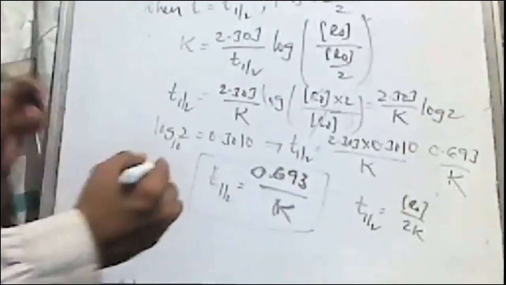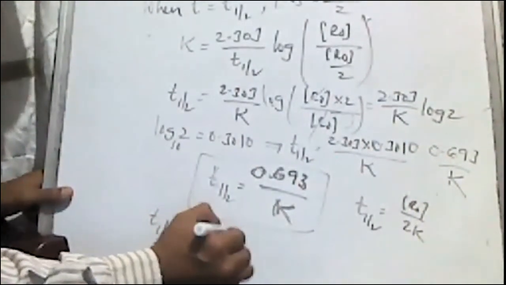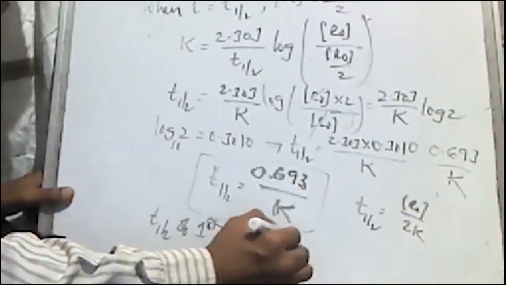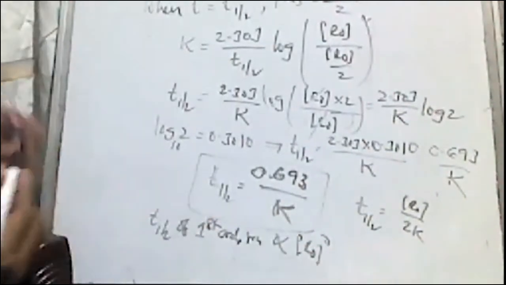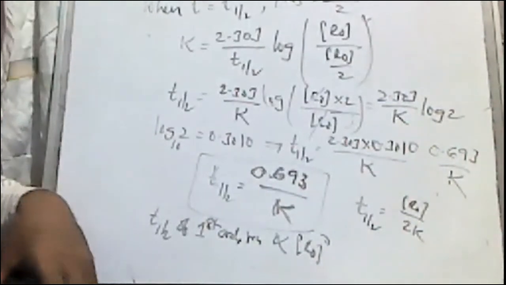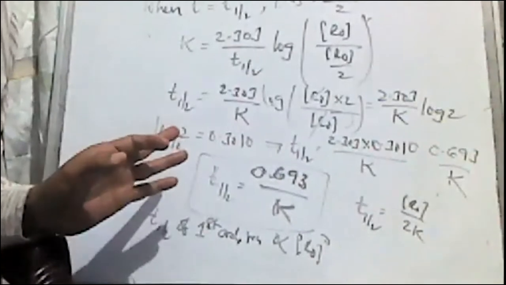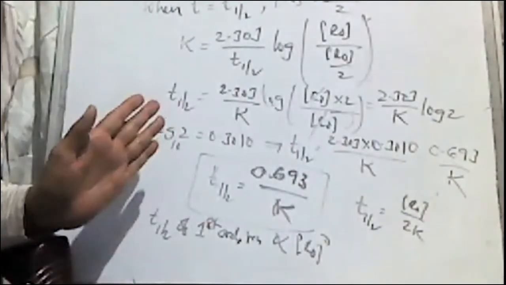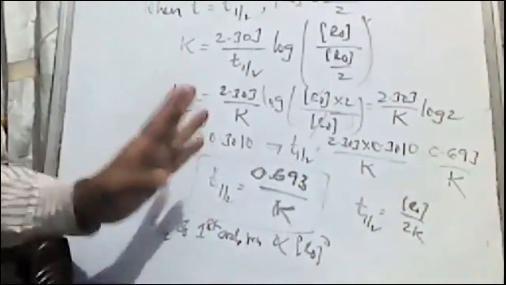That's why we can say that the half-life of a first order reaction is independent of the concentration of reactants. From an intermediate public examination point of view, derive an expression for the rate constant of a first order reaction, or derive an expression for the half-life of a first order reaction.